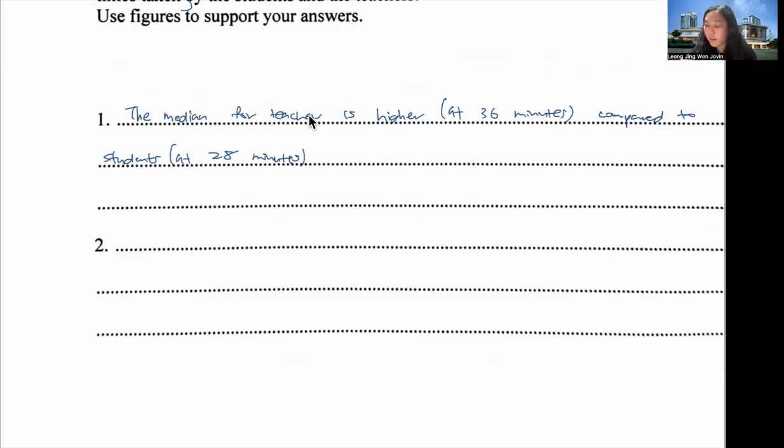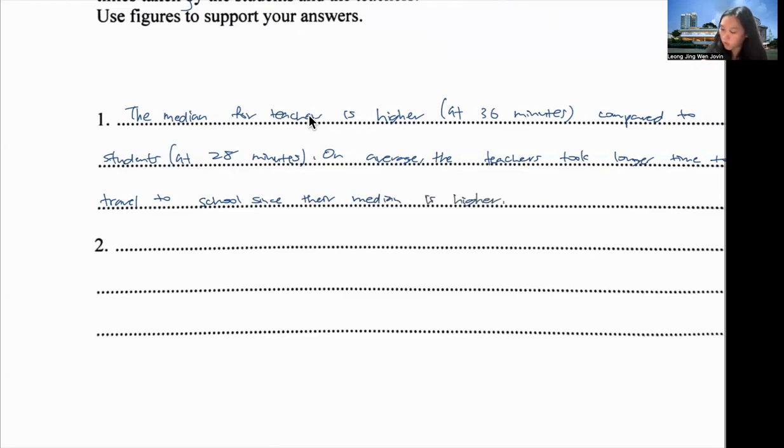It tells you that on average, the teachers took longer time to travel to school. Okay, since their median is higher.